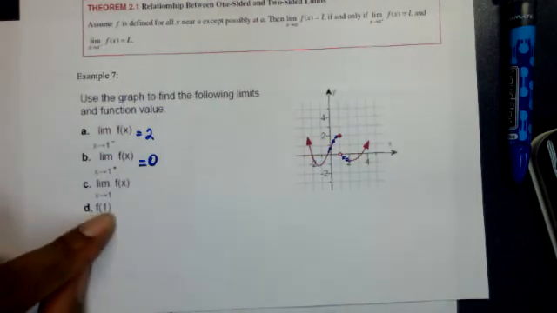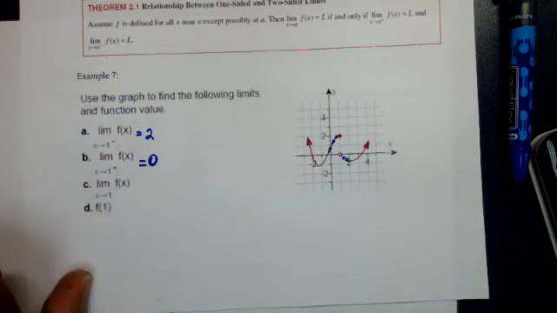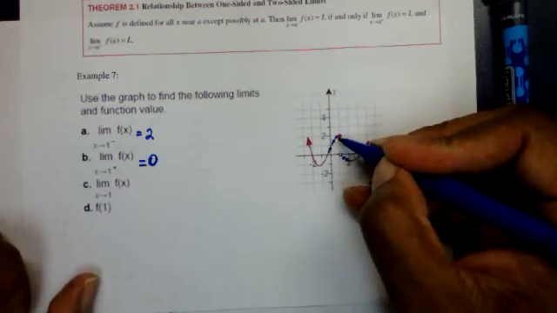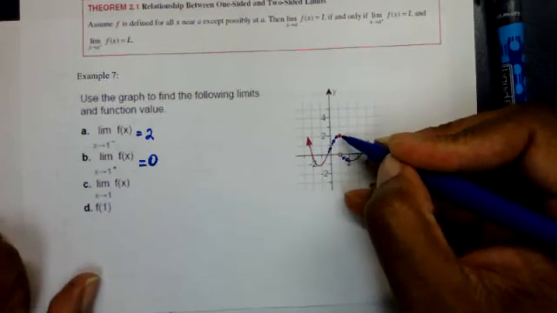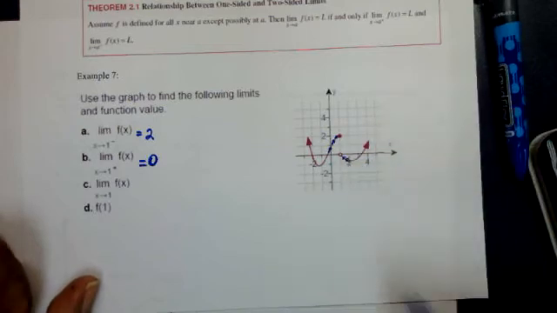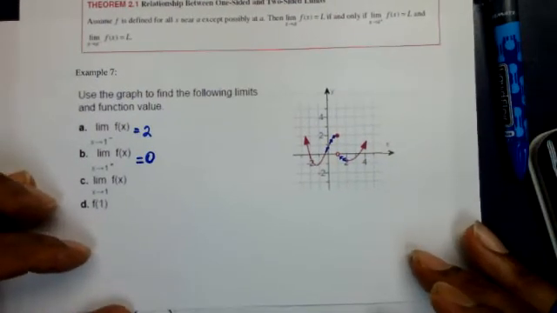Now for the limit as x approaches 1 itself of f of x. Unfortunately, if you look at the left of 1, f of x is getting closer and closer to 2. But to the right of 1, it's getting closer and closer to 0.